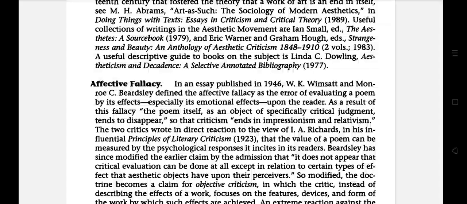As a result of this fallacy, the poem itself as an object of specifically critical judgment tends to disappear, so that criticism ends in impressionism and relativism.